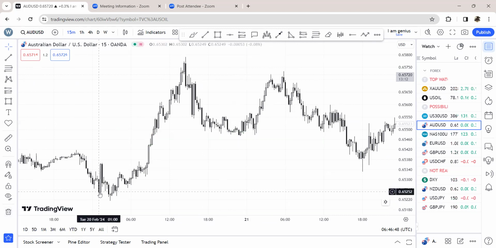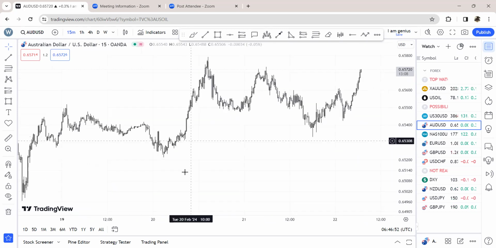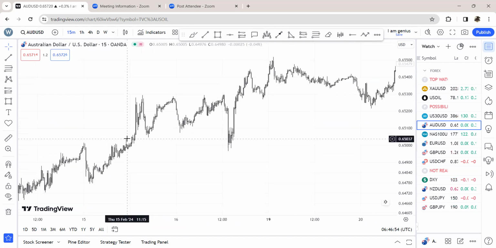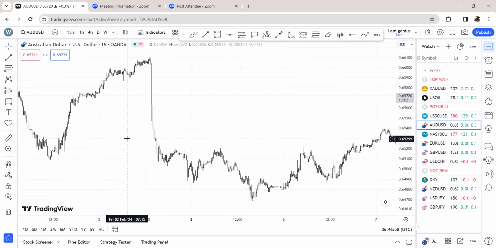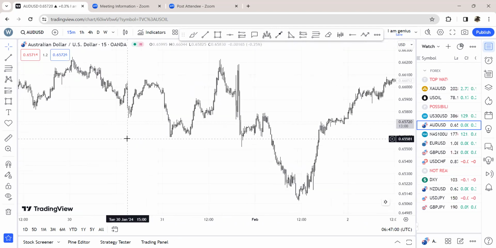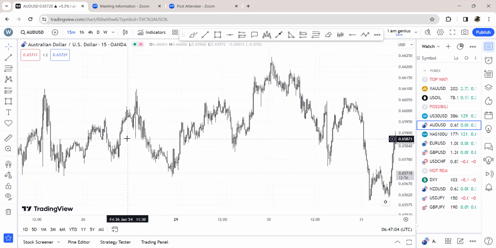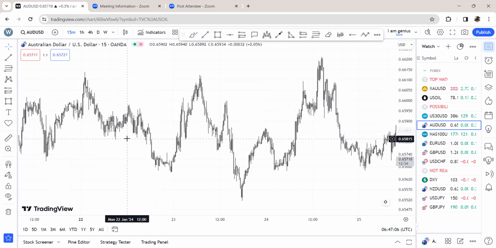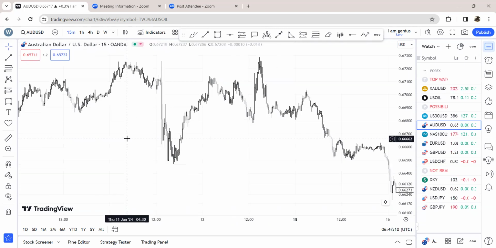Then the next thing we want to look at is how it applies in a downtrend. So let's find the downtrend and see how it applies.